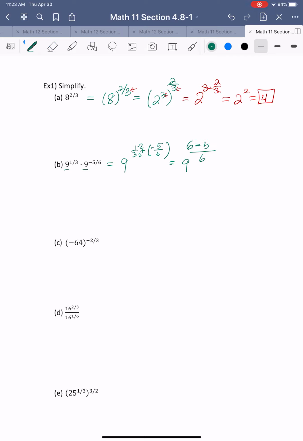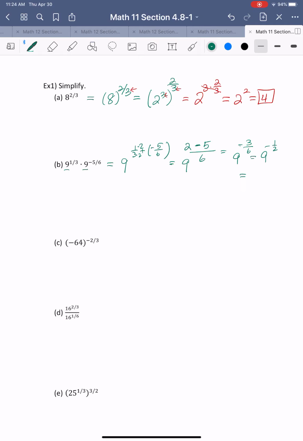And then minus 5, so 9 to the power of 2 over 6 minus 5 over 6, which is negative 3 over 6, which becomes negative 1 half.